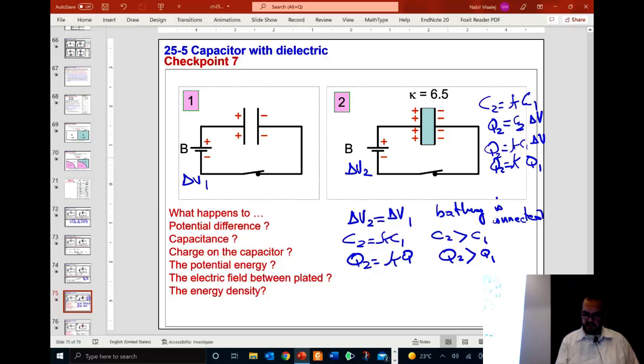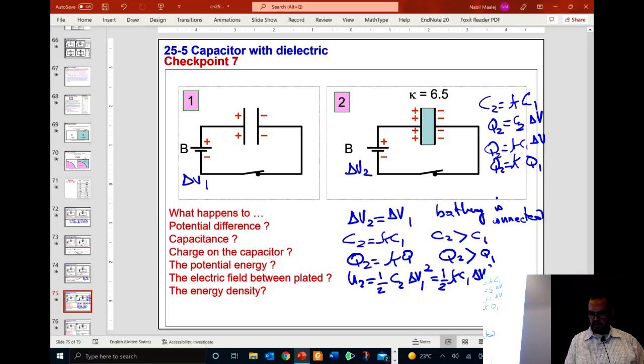So let's verify this. U2, what should we use? Should we use 1/2 C2 delta V2 squared? But delta V2 is delta V1. So delta V2 squared is delta V1 squared. And we know C2 is kappa C1, so this is 1/2 kappa C1 delta V1 squared.